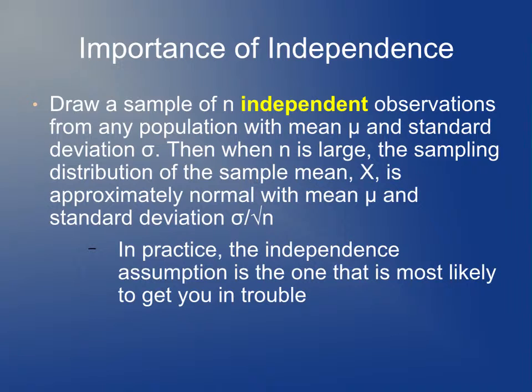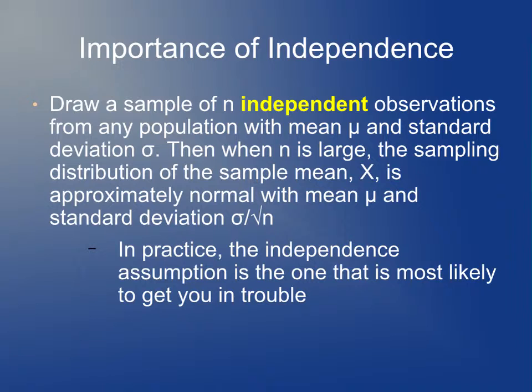For instance, if you took 10 people off the street and took their average height, the distribution of that average should be approximately normally distributed. If you took 10 people, all of which were children of the same father and mother, those would not be independent observations, and the central limit theorem wouldn't apply here.